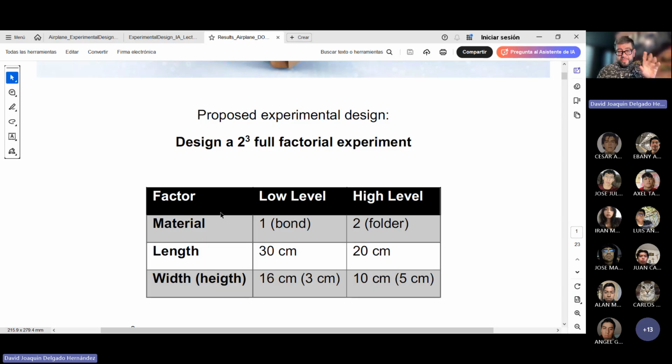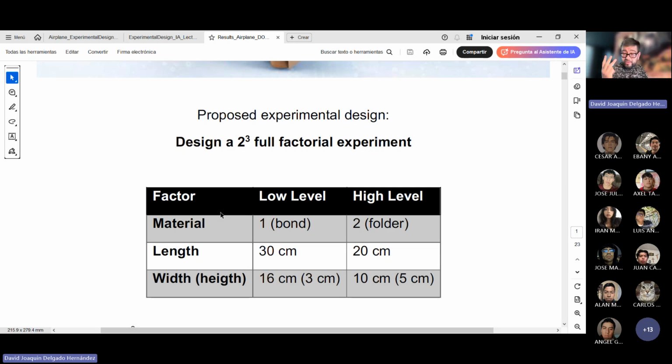The low level will be 30 centimeters, and the other will be 20 centimeters. And then we will have the width. It will be 16 centimeters with a height of 3, and the other level would be 10 centimeters and a height of 5.